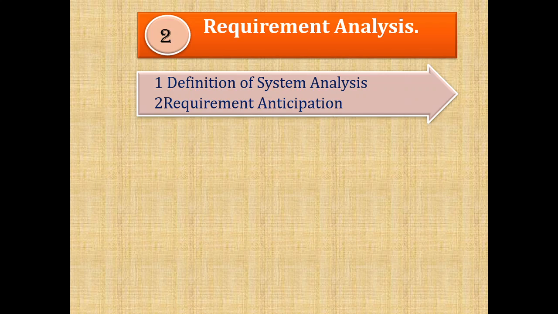So requirement anticipation is one of the important characteristics that a software analyst should have: he should be able to analyze the system, and furthermore he should be able to predict what are going to be the expected inputs and outputs of that particular system. So that is requirement anticipation.